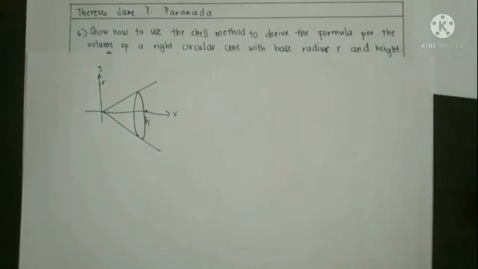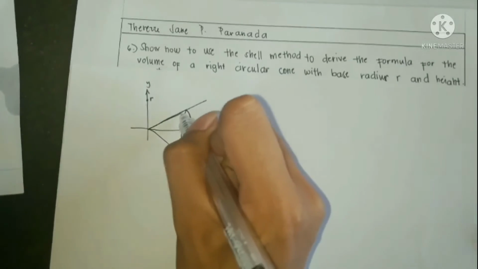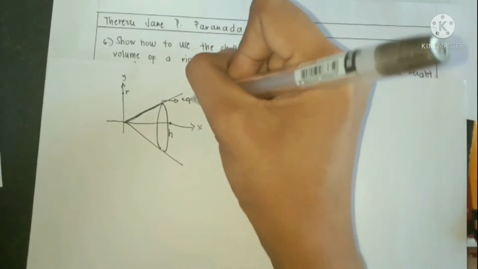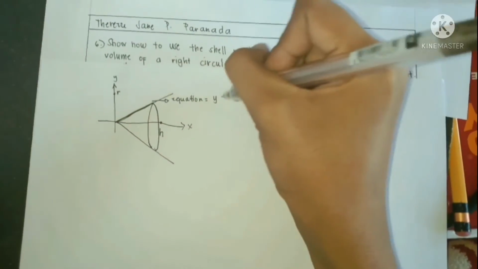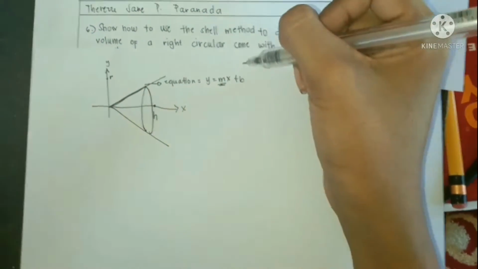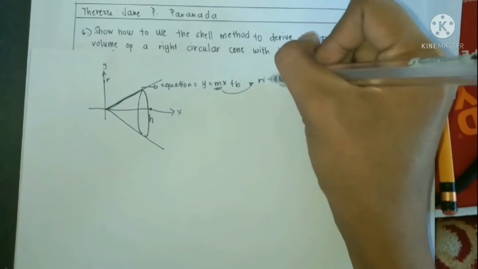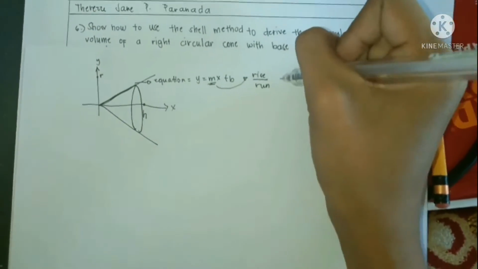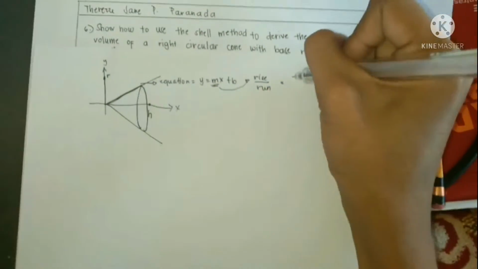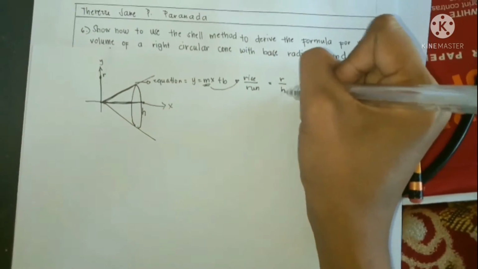Yan. So next, let's find the equation of this line. So the equation of the line would be y is equal to mx plus b. So m being the slope, it is equal to rise over run. So in this case, rise would be this, which is r, and run is this, h.